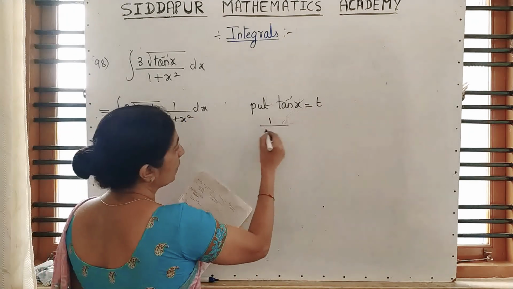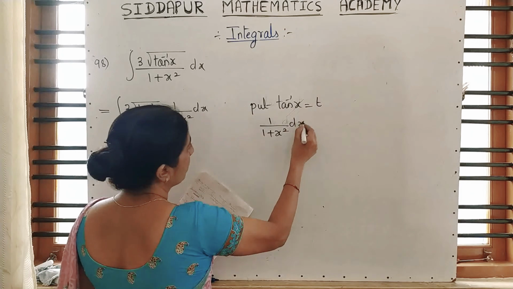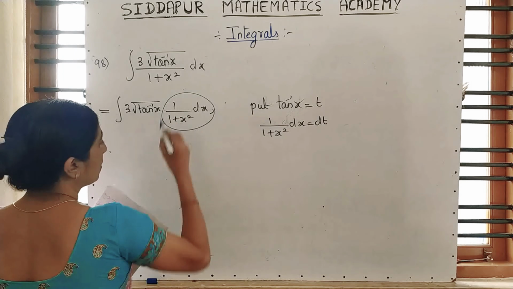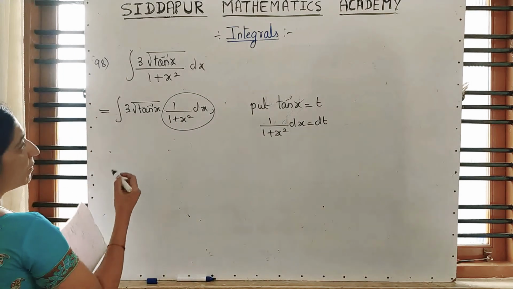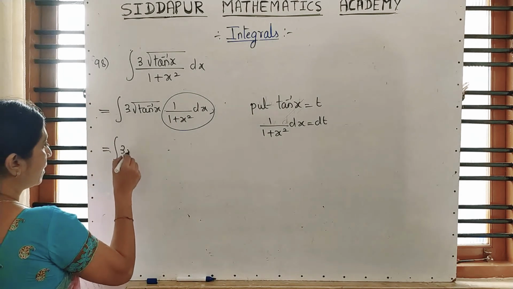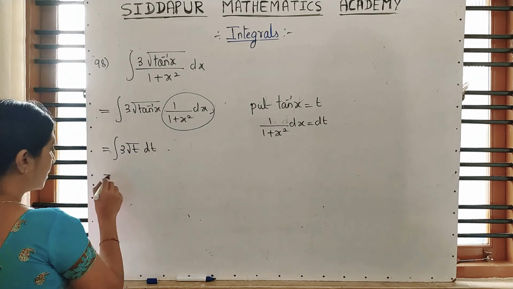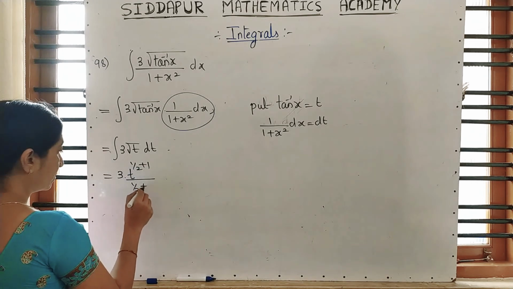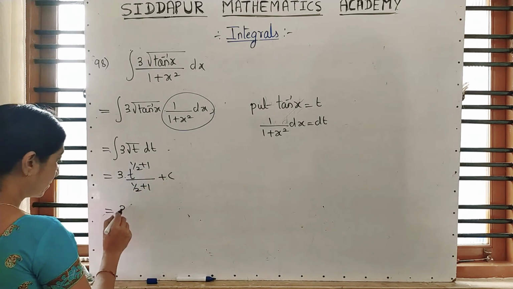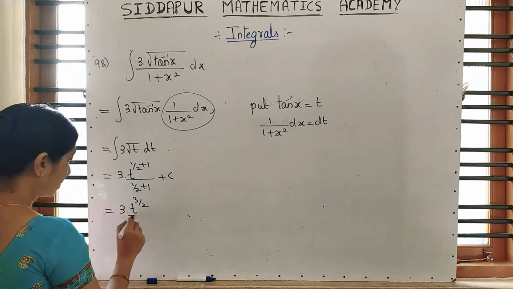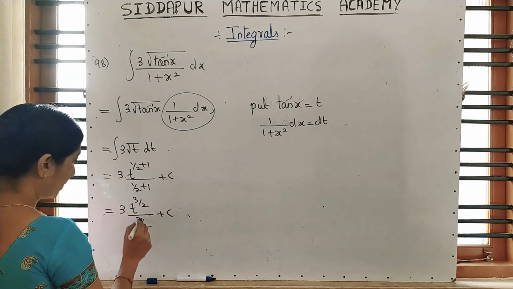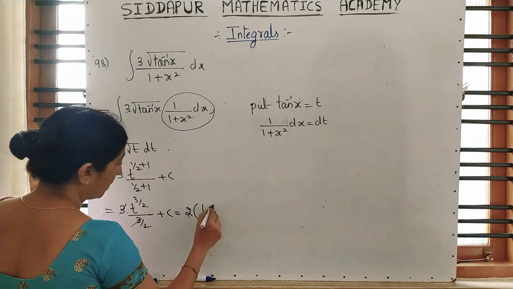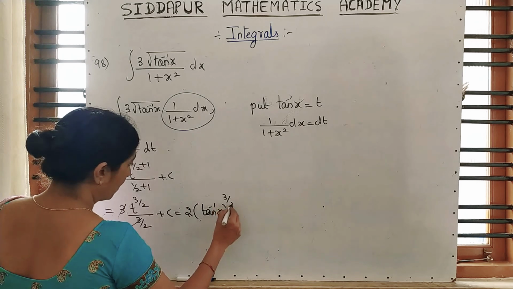Differentiation of tan inverse x is 1 upon 1 plus x square. In place of 1 upon 1 plus x square into dx, we can write dt. 3 constant. This 3 gets cancelled, 2 goes up, t value is tan inverse x raised to 3 by 2.